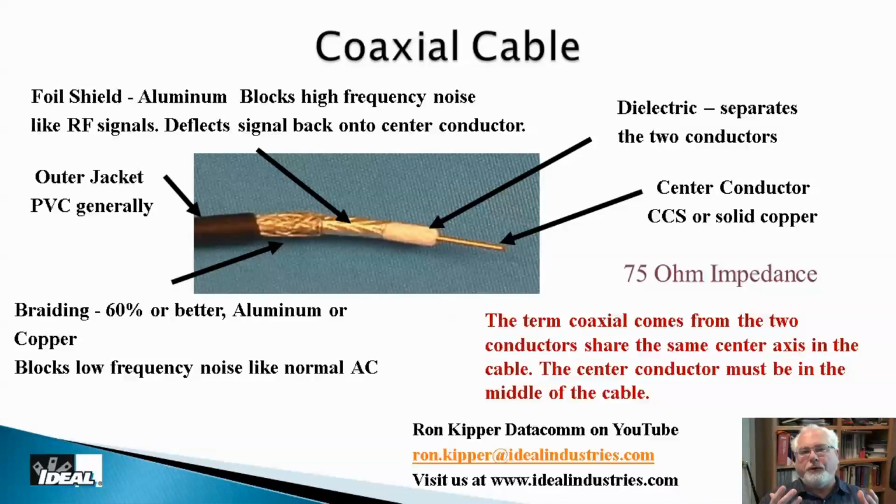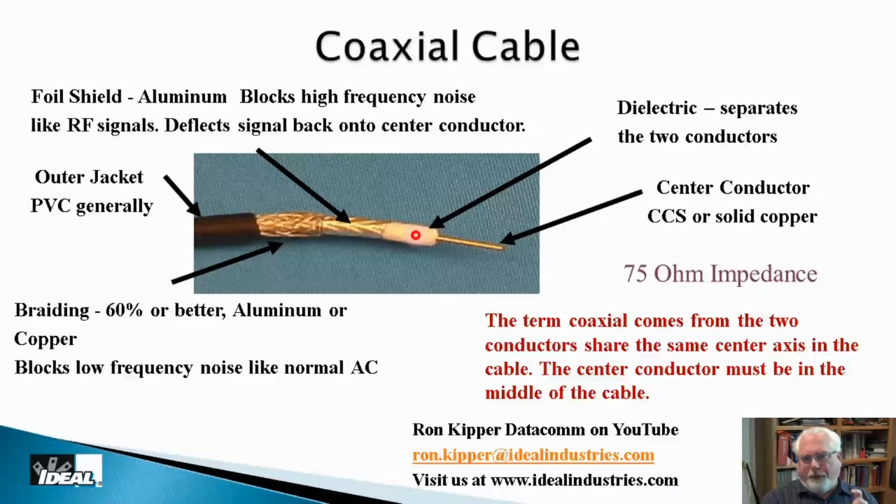Now, inherently with unbalanced cables like this, they are very susceptible to noise, which is why we shield them with the second conductor there. Category wire, for instance, is a great example of a cable that's actually balanced, where we're putting part of the signal down each of the two conductors. Those kinds of wires are very resistant to electrical noise or outside interference. So coaxial cable is considered to be unbalanced.